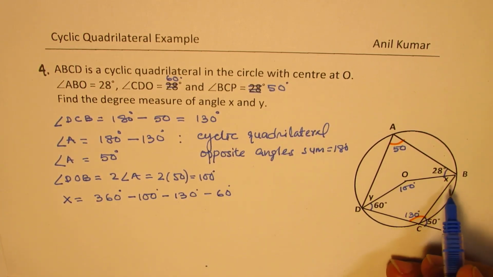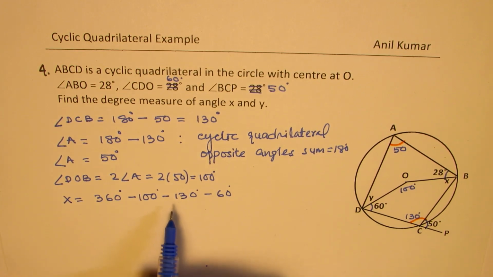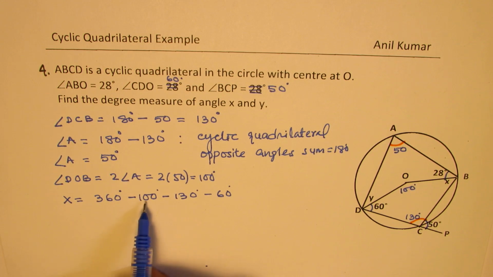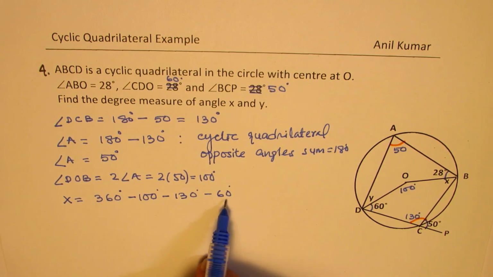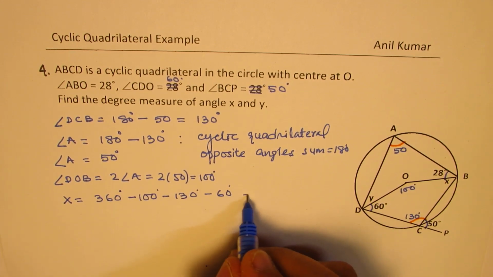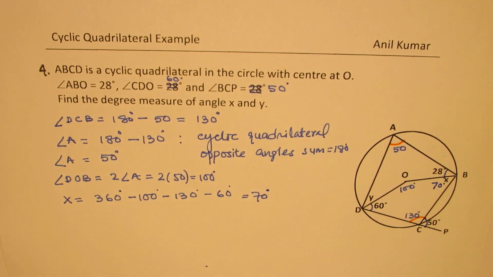So that gives us angle x, right? This is the sum of angles. So that is how much? So 360 minus 160 is 200, and from 200, this much, 70 degrees. So we get x as 70 degrees.